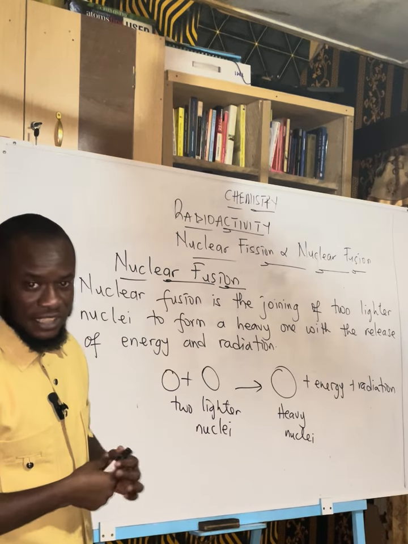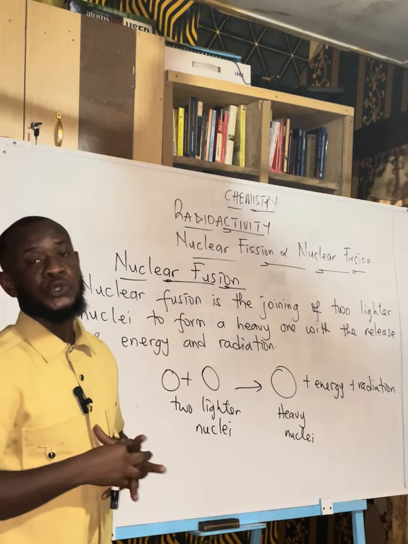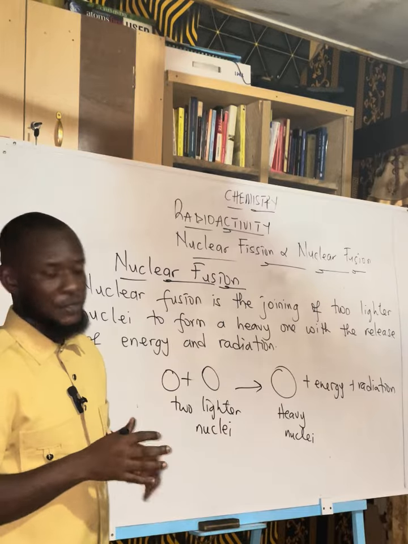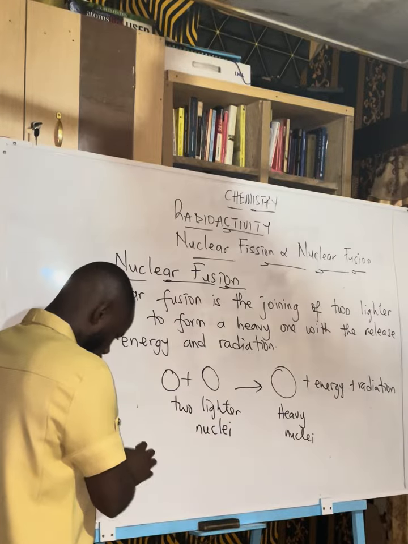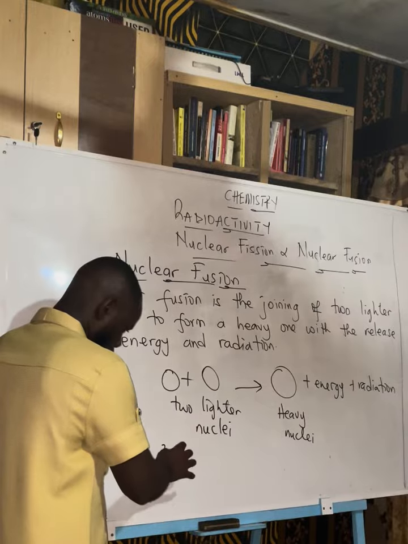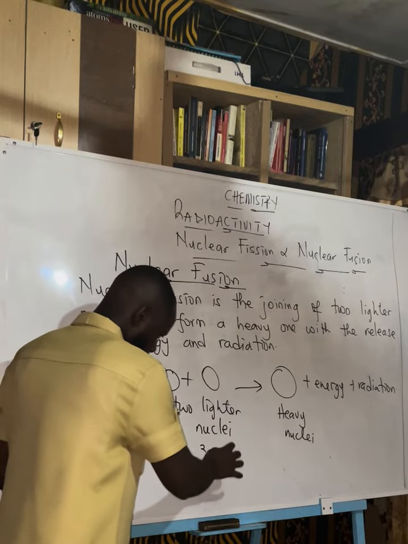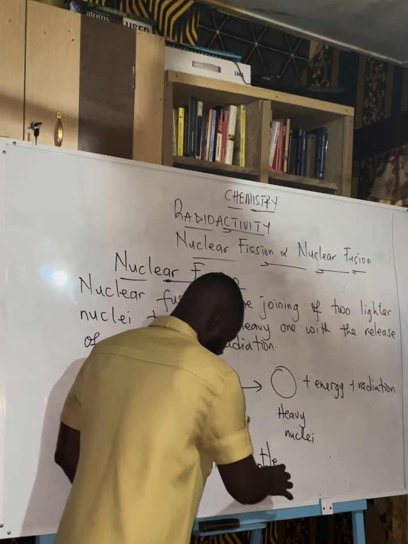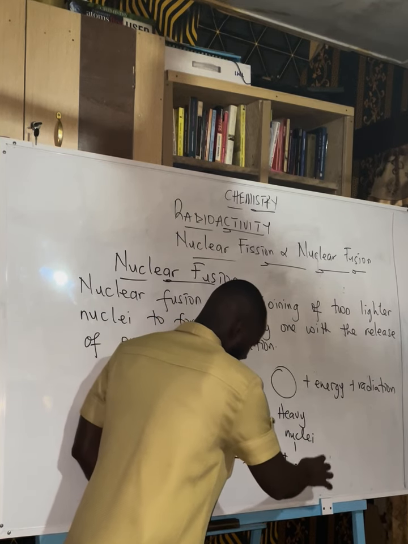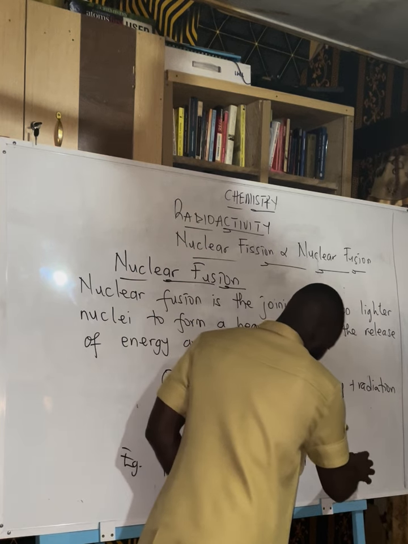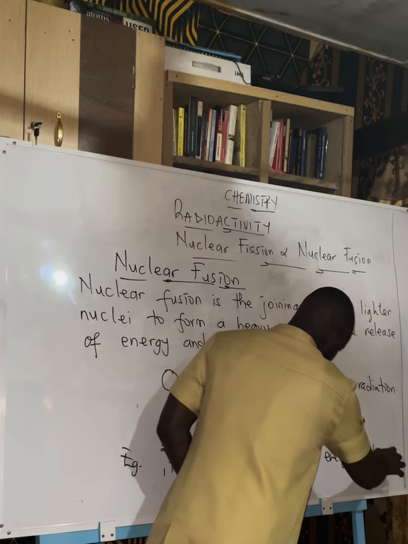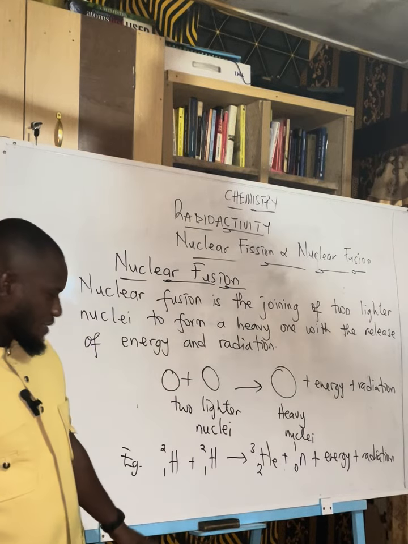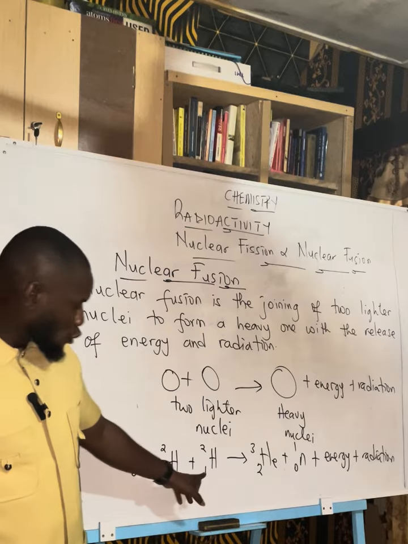For instance, we can join two deuterium particles to produce a helium-3 nucleus. What we are saying here is that we have joined two lighter nuclei.